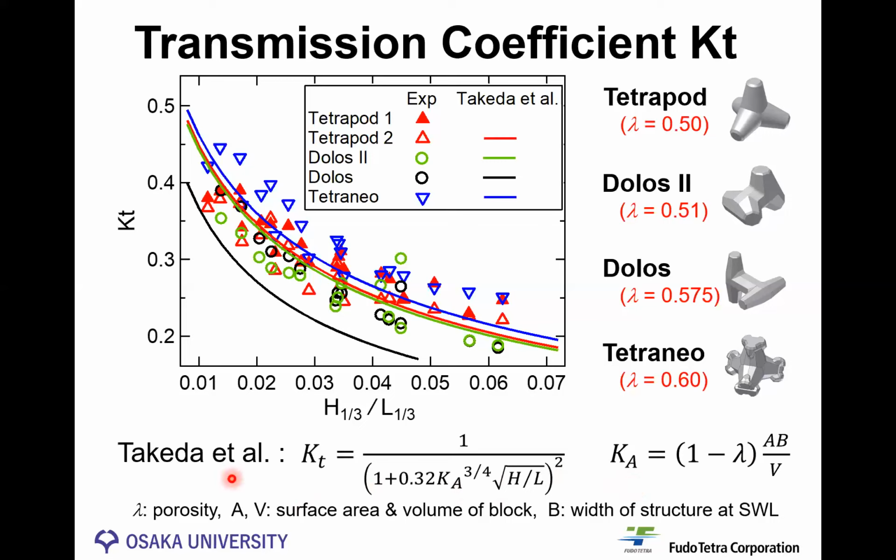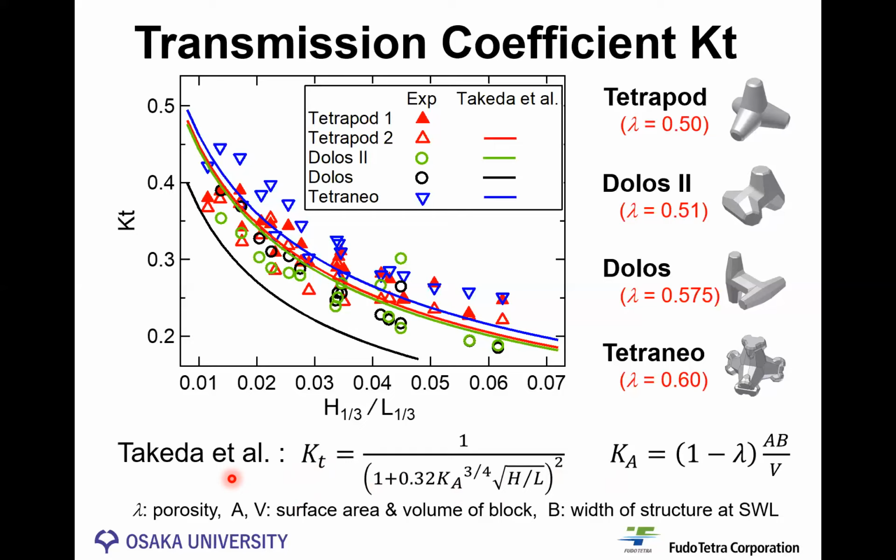The transmission coefficient for the wave dissipating block with larger porosity is larger among Tetrapod, Dolos 2, and Tetraneo, red, green, and blue.